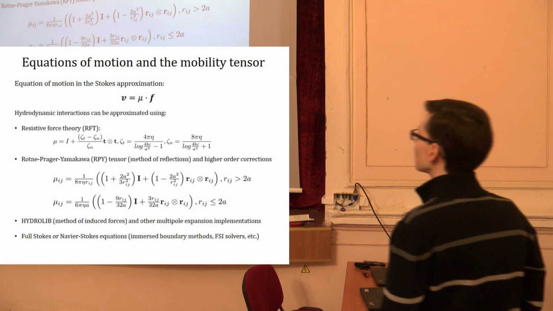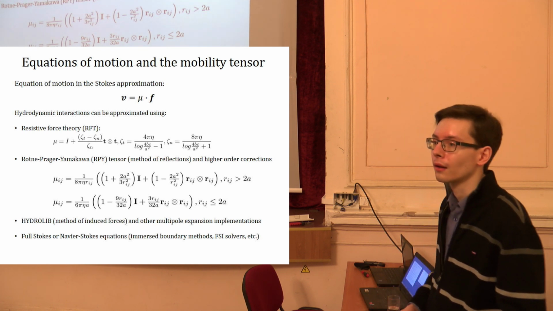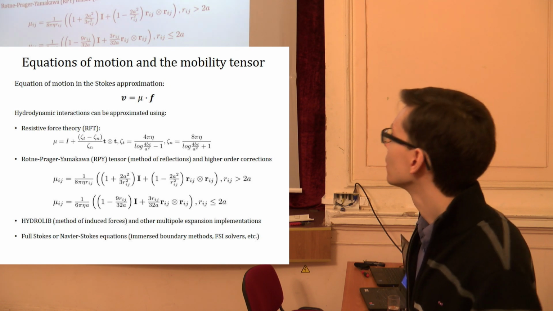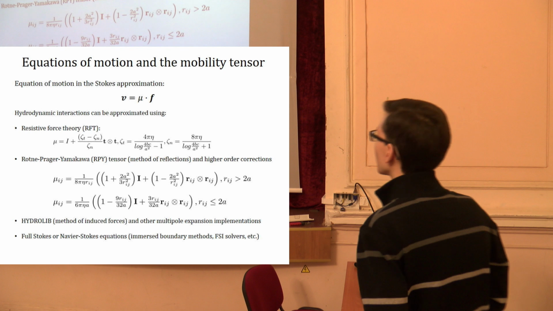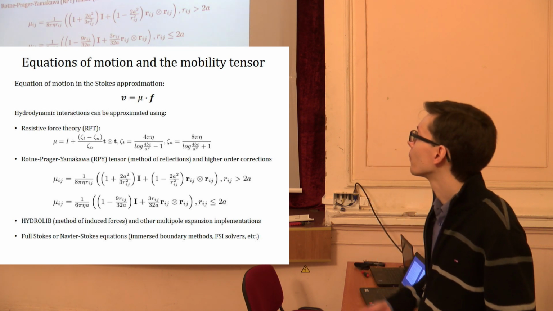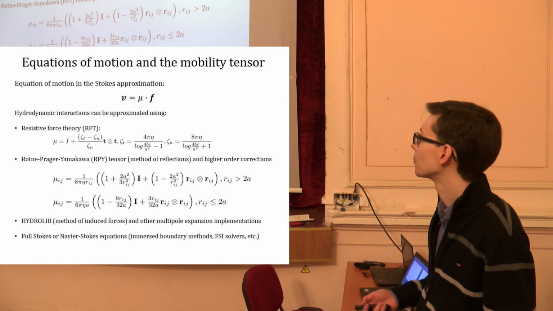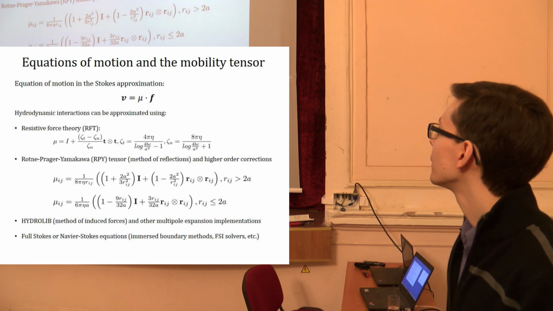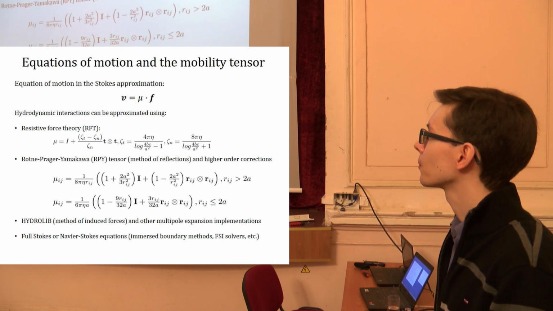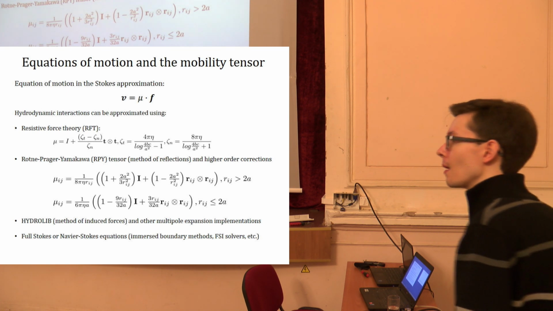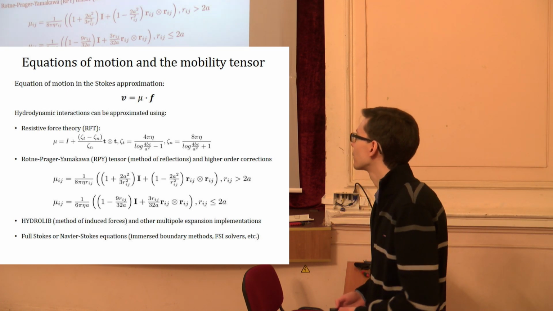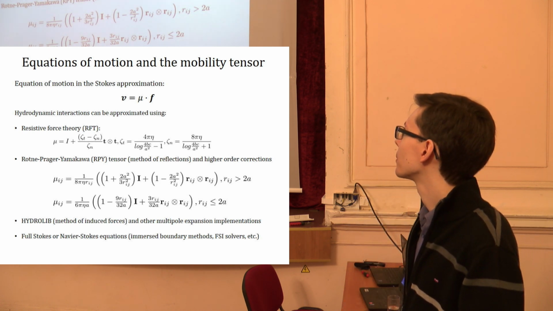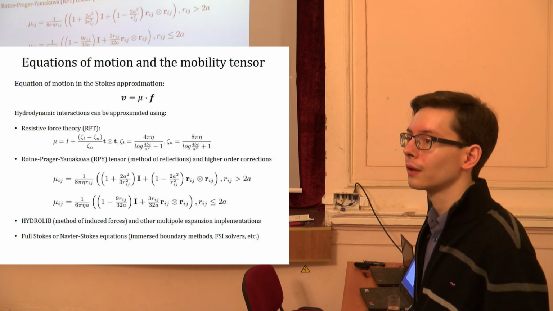Unfortunately, as it is a very simple approximation, it is not always sufficient to capture even the qualitative nature of how the filament behaves. And to that end, we've also tried more sophisticated approaches to hydrodynamic interactions. Now, the next simplest approach that's possible is the so-called Rotne-Prager-Yamakawa tensor. This effectively takes into account all the possible two-particle interactions in the Stokes regime. And unlike the resistive force theory, which assumes that the filament is asymptotically thin, the RPY approach simply models some discrete ensemble of spheres.